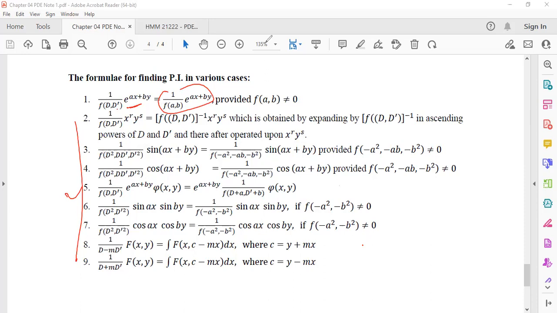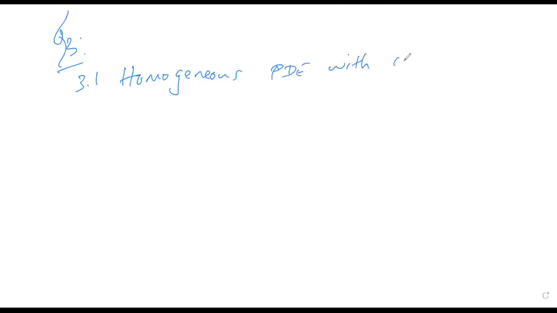So let me take the whiteboard. Let me summarize what we have studied so far. In chapter 3, we have started linear homogeneous PDE with constant coefficients.